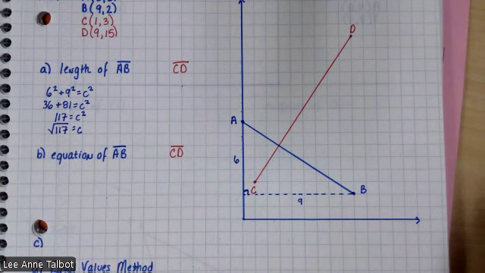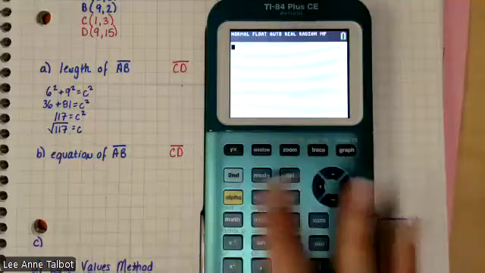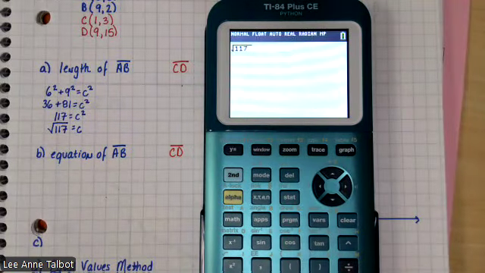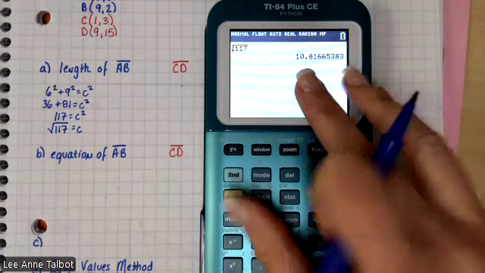And then square root both sides. Now, I think 117 is prime, so that means that I don't think that I can simplify it, but I can find the approximate answer. Square root of 117 is 10.8.